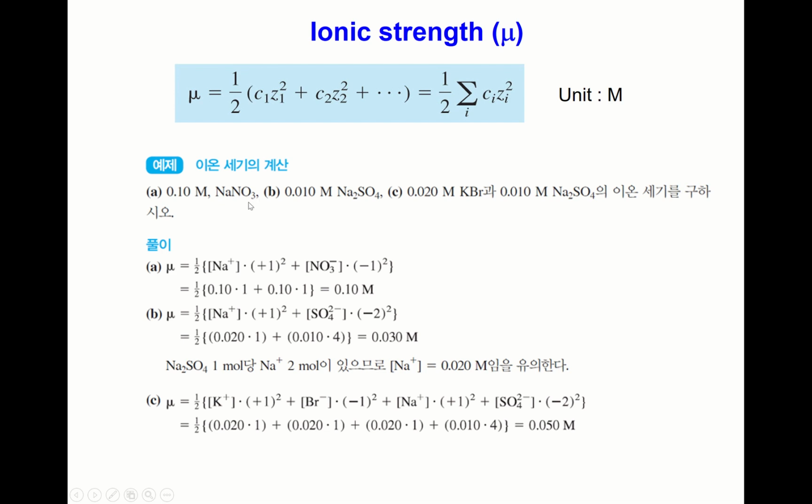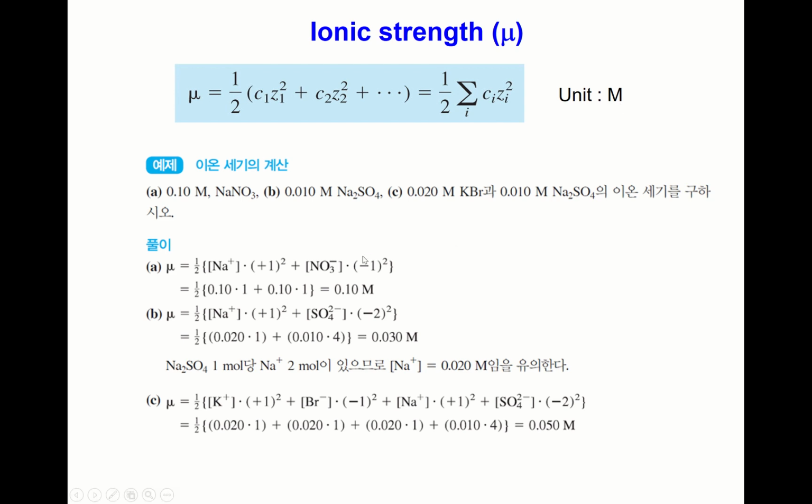There is no sodium nitrate. So the sodium ion concentration is 0.1, and the nitrate ion has the same concentration. Their charges are +1 and -1. If you calculate, you get mu of 0.10 molar. The unit of ionic strength is molar, the same as molarity.